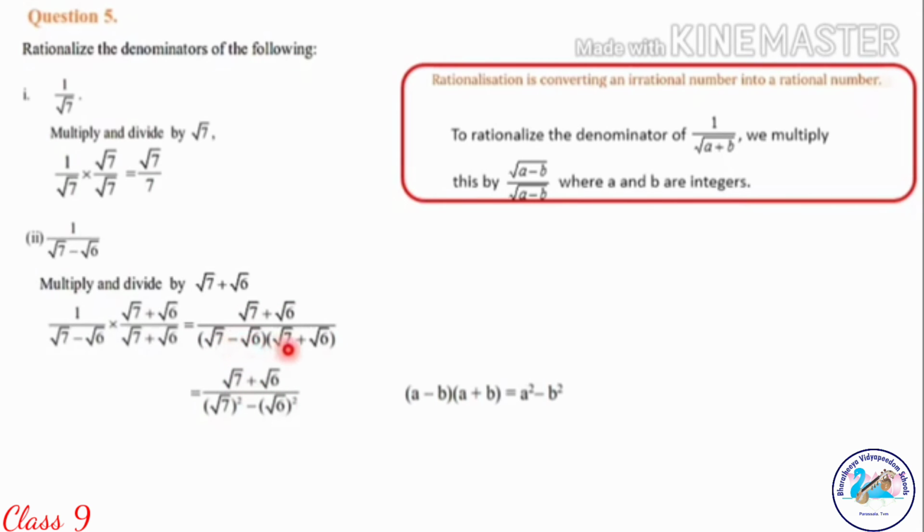So a square is root 7 square, minus b square is root 6 square. Root 7 square is 7, root 6 square is 6, so 7 minus 6. That is equal to root 7 plus root 6 divided by 7 minus 6, which is 1.